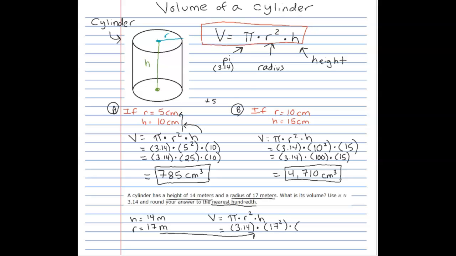The height I'm given as 14. This looks like it's going to be a pretty hefty number. 3.14 times 17 squared times 14. And I was right.